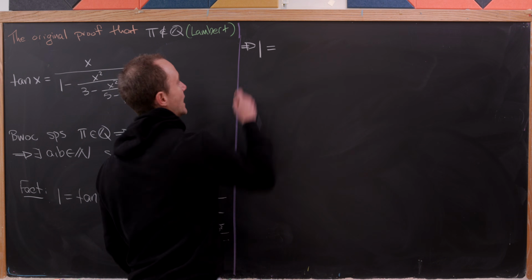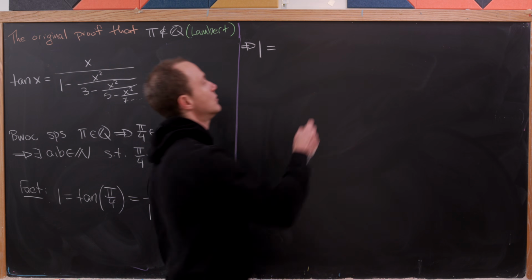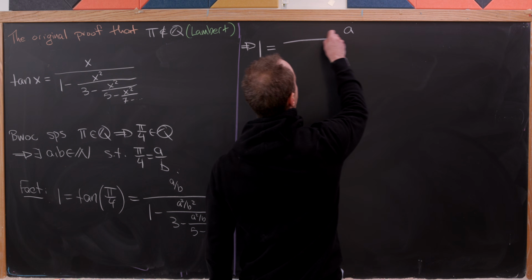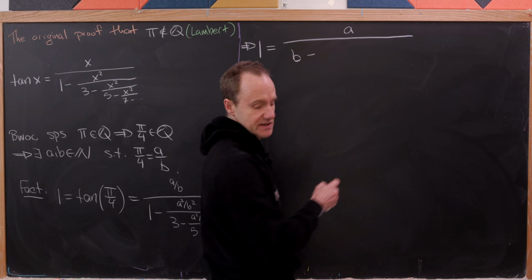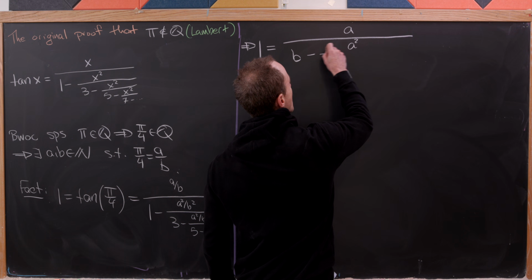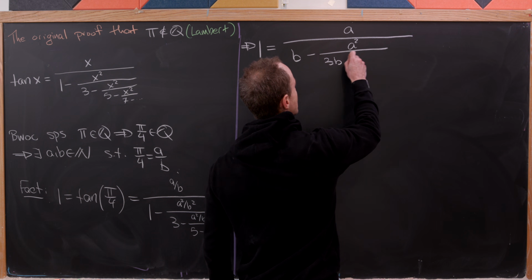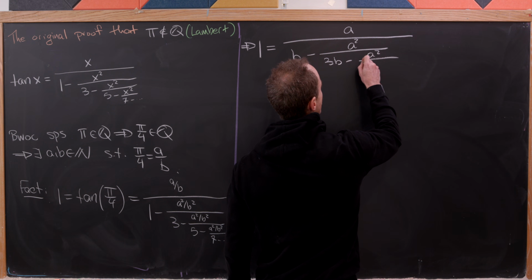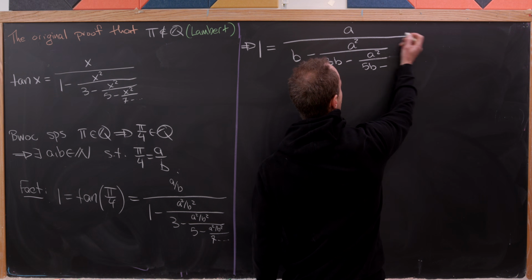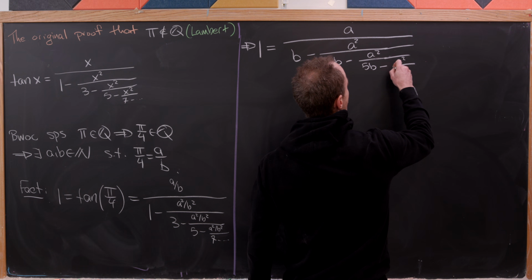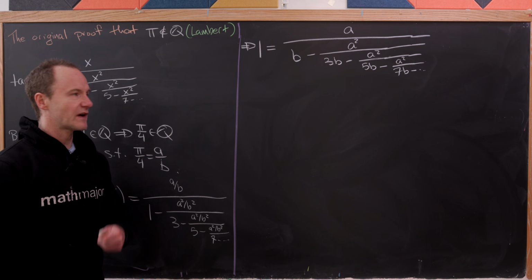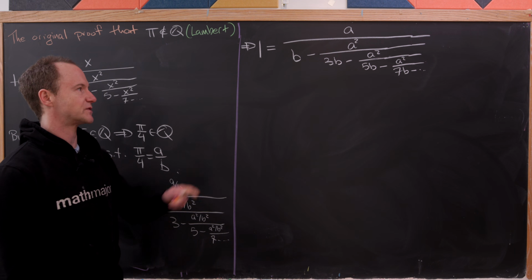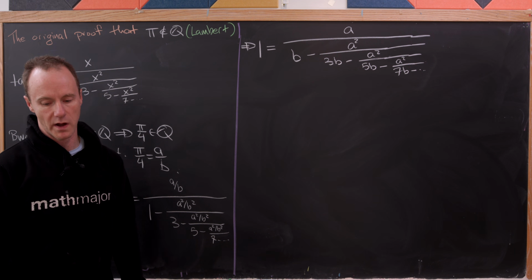So we'll have 1 is equal to a over, and then it's going to be b minus a squared over 3b minus a squared over 5b minus a squared over 7b minus so on and so forth. Now we've got this kind of crazy continued fraction representation of the number 1.